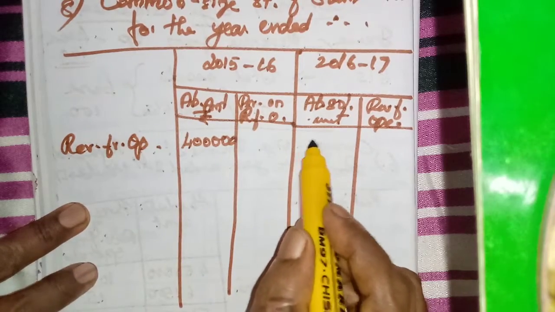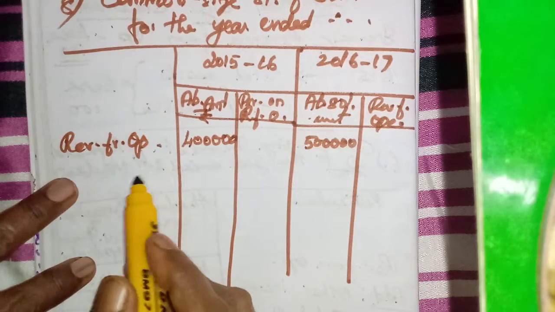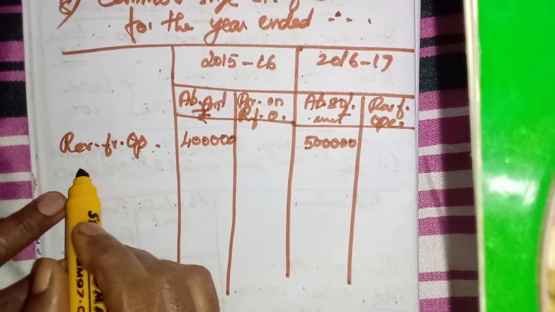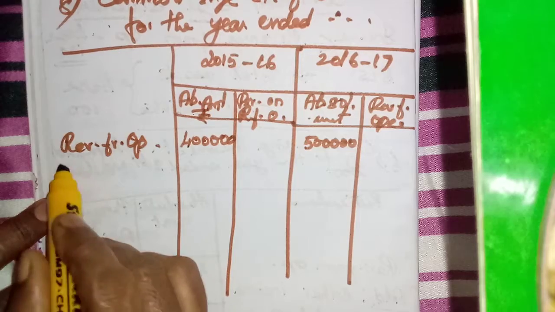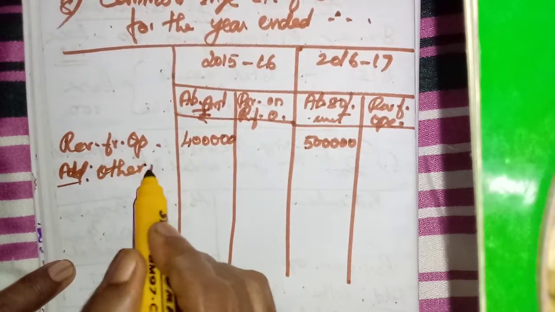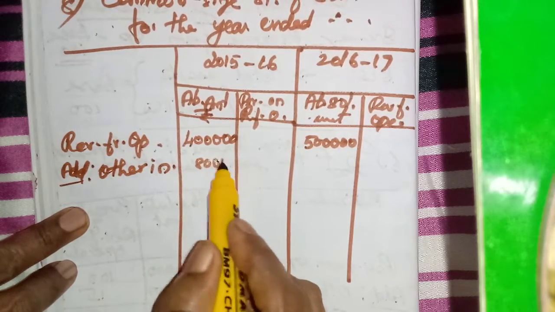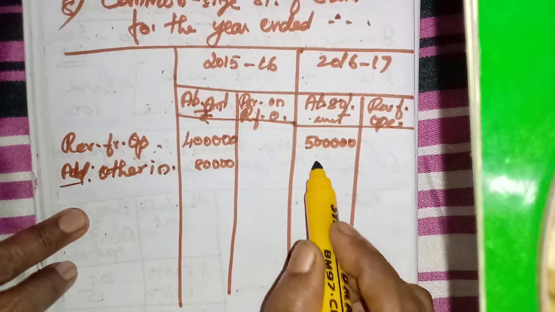Here 5 lakh. From operation, add other income. 80,000, 50,000.